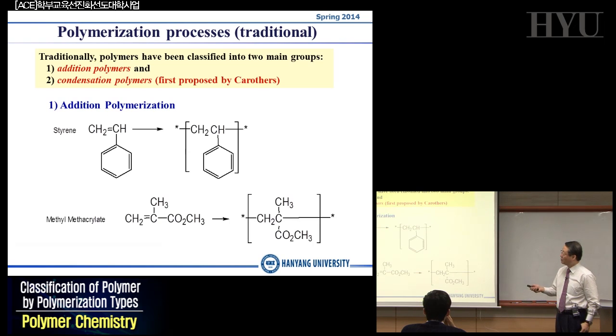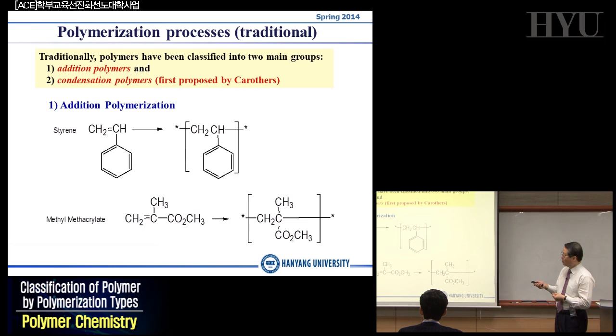Well, addition polymerization reactions are something like this. We have a styrene monomer. Styrene starts from a vinyl group. We call this a vinyl group, and we have a substituent group or side chain, which is a benzene. Styrene. If you have N moles of styrene, that means you have many moles of styrene.